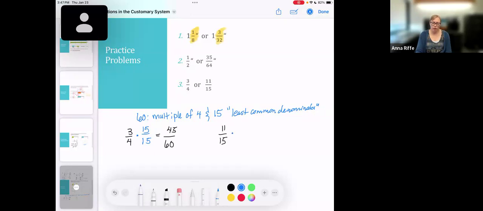I'm going to multiply the denominator by 4, which means I multiply the numerator by 4. So that will give me 44 over 60. Okay, great. So these are very close. It would be hard to just eyeball this as far as a measurement, but we can tell that 45/60 is larger than 44/60, therefore 3/4 is larger than 11/15.